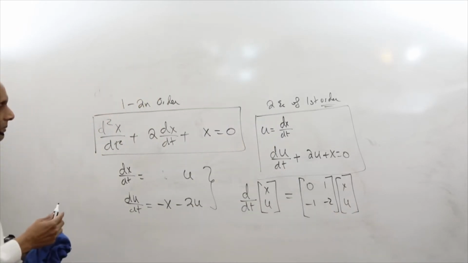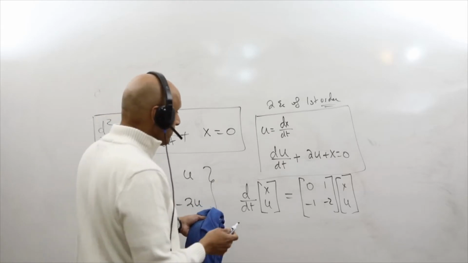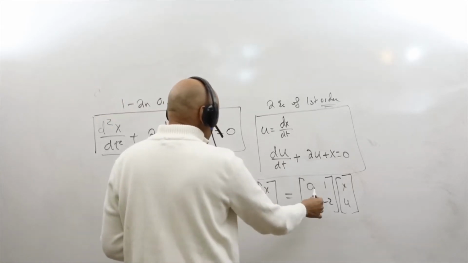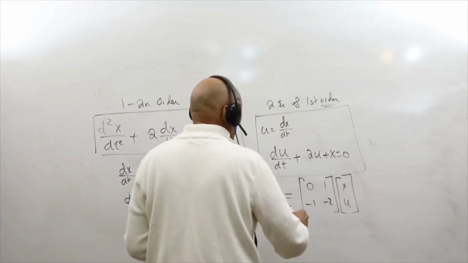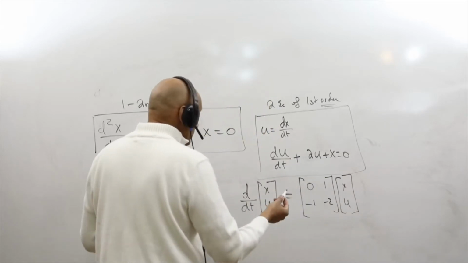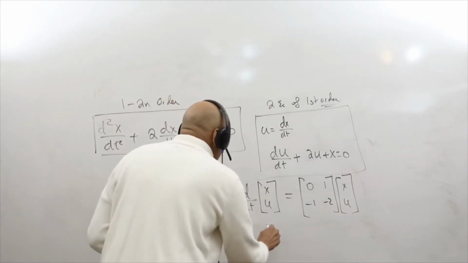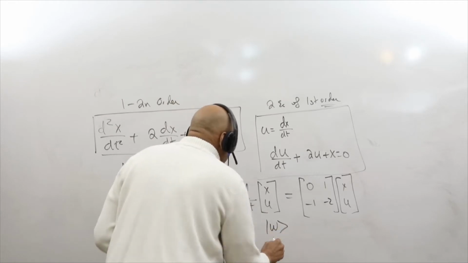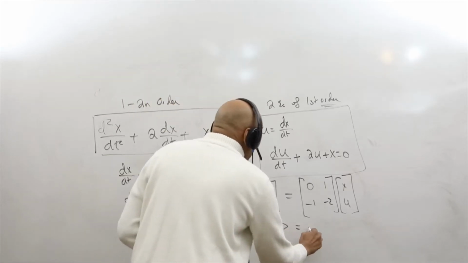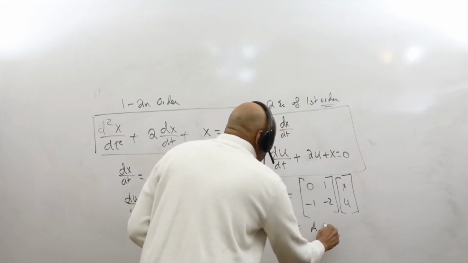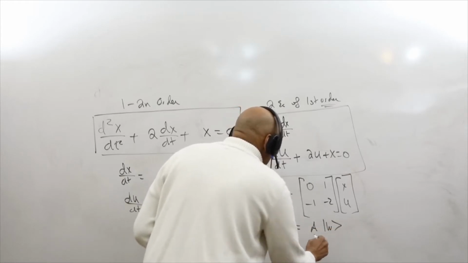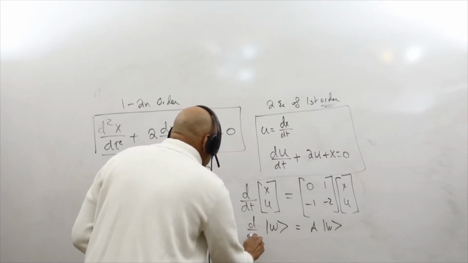This is great because I now have a first order matrix equation. And if I use the Dirac notation that we use a lot in physics, I can call this the ket W, and I'll call this matrix A, and this is the ket W again, and this is the derivative over time.